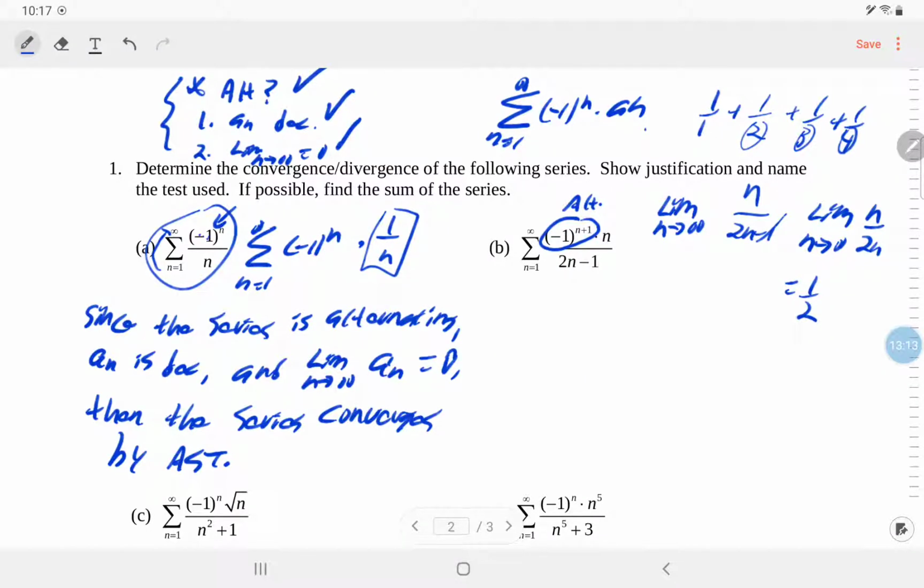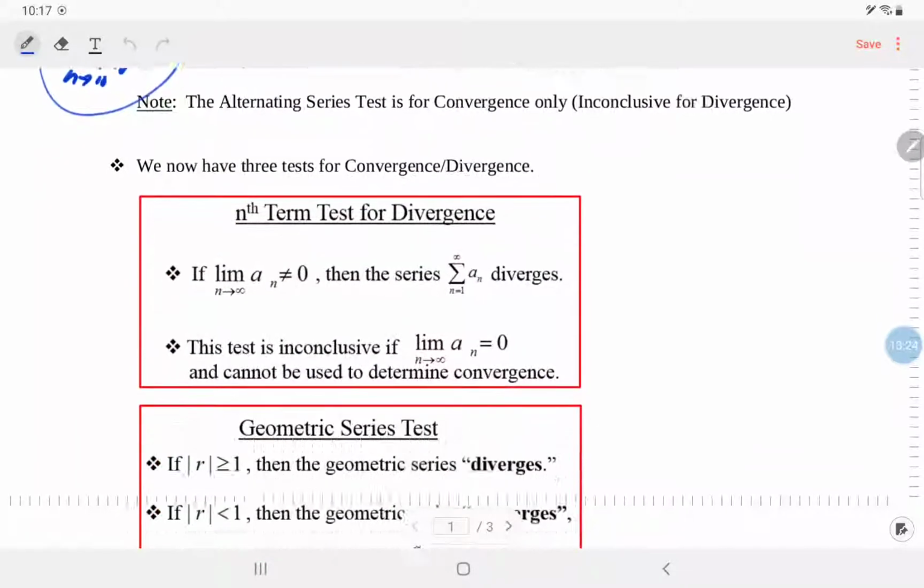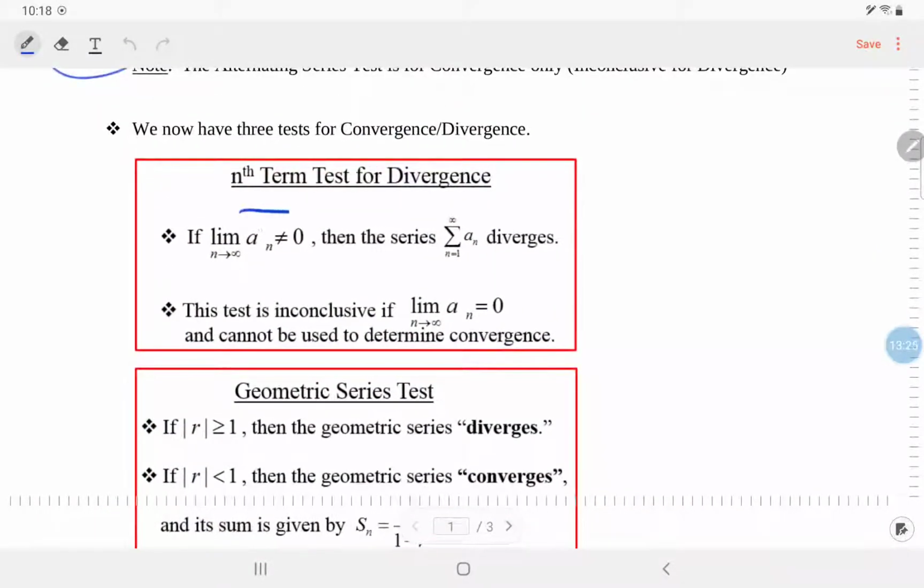You say, oh no, it doesn't equal 0. Alternating series test doesn't work. I agree. I cannot use the alternating series test here, but the nth-term test picks up where the other left off. So if the limit at infinity was 0, I would continue using the alternating series test.